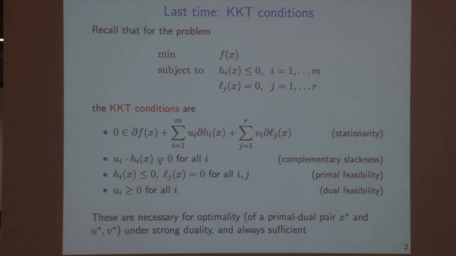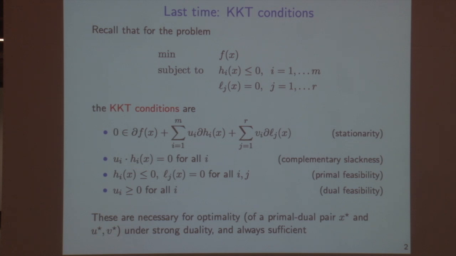Complementary slackness said that the dual variable you introduce for the inequality constraints has to either be 0 or the corresponding inequality constraint has to itself be tight. We have to have h_i(x) equal to 0. And then the last 2 sets of conditions are just feasibility conditions. The value of x we're looking at has to be feasible, and the value of u we're looking at for the dual has to be bigger than or equal to 0 in each component. Those are just primal and dual feasibility.